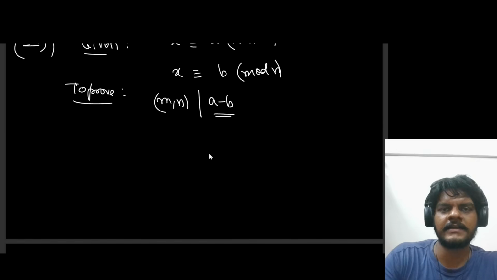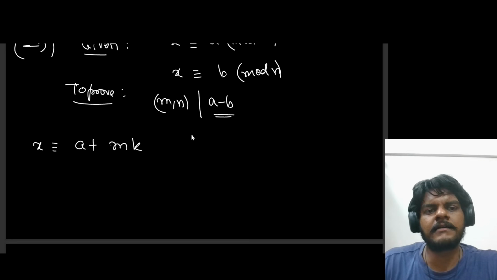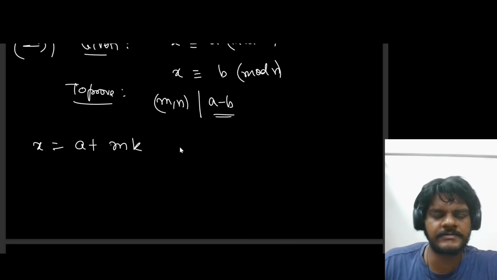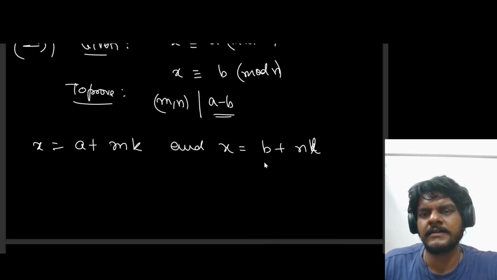That's easy actually. So x is equal to a plus mk, let's say, since x is congruent to a mod m, and x is also equal to b plus nl.